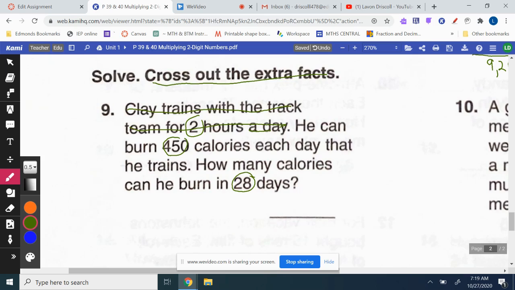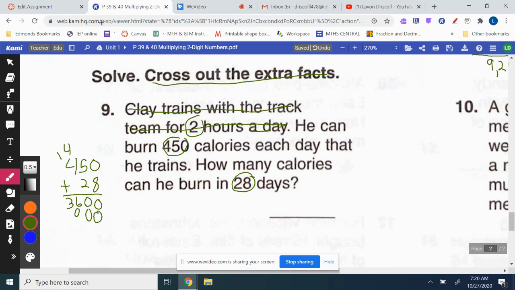And now I know what I need to multiply. I'm going to multiply 450 times 28. 8 times 0 is 0. 8 times 5 is 40. Carry my 4. 8 times 4 is 32 plus 4 is 36. Multiplying 450 by 20, put a placeholder 0. 2 times 0 is 0. 2 times 5 is 10.